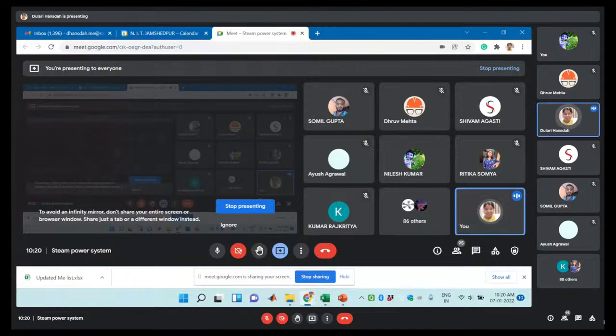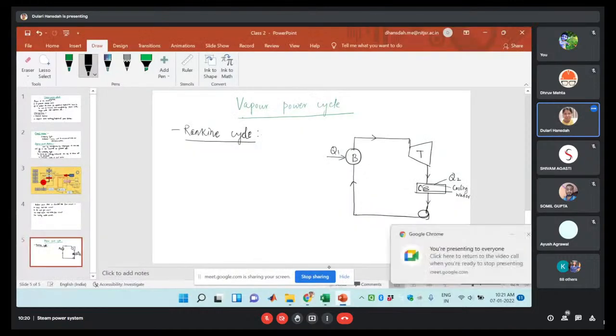In the vapor power cycle, I have discussed Rankine cycle, reheat cycle, regenerative cycle, and there are other cycles also, like the binary vapor cycle. So here we will discuss that one. Okay, let us continue with the Rankine cycle.